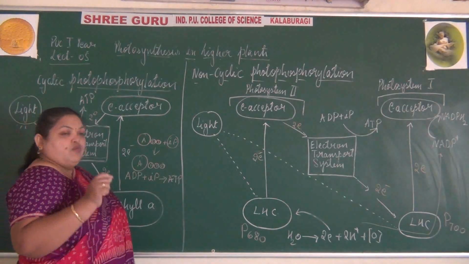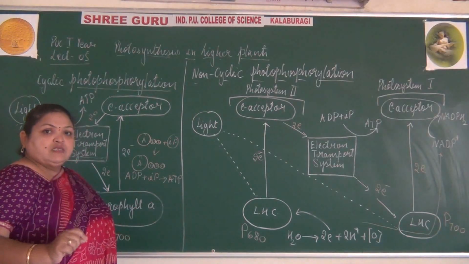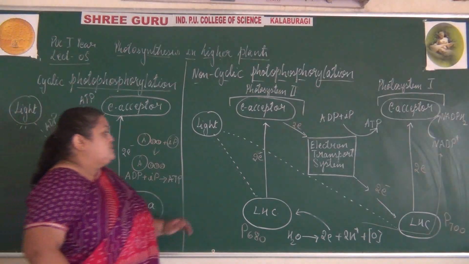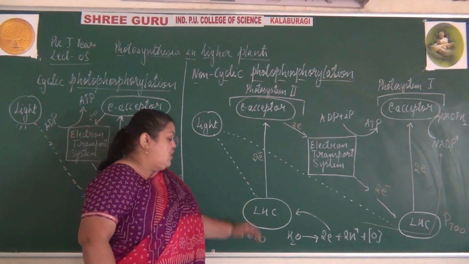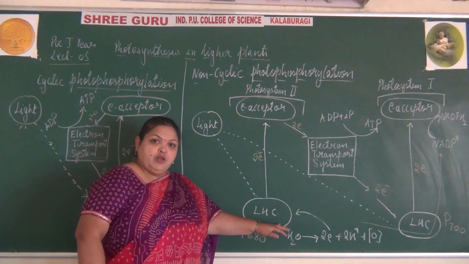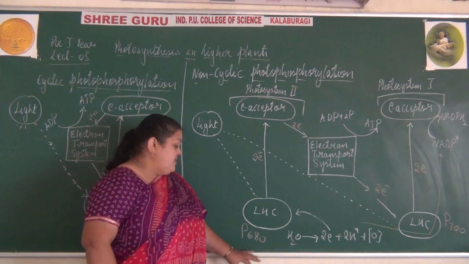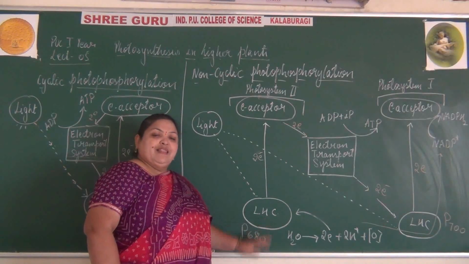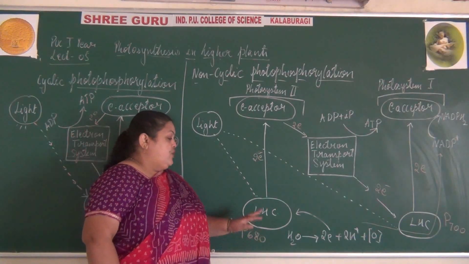So let us once again go through the stepwise process of non-cyclic photophosphorylation. First, the light falls on the photosystem 2 of the chlorophyll molecule, which has the reaction center P680, which indicates that it is a component of photosystem 2.